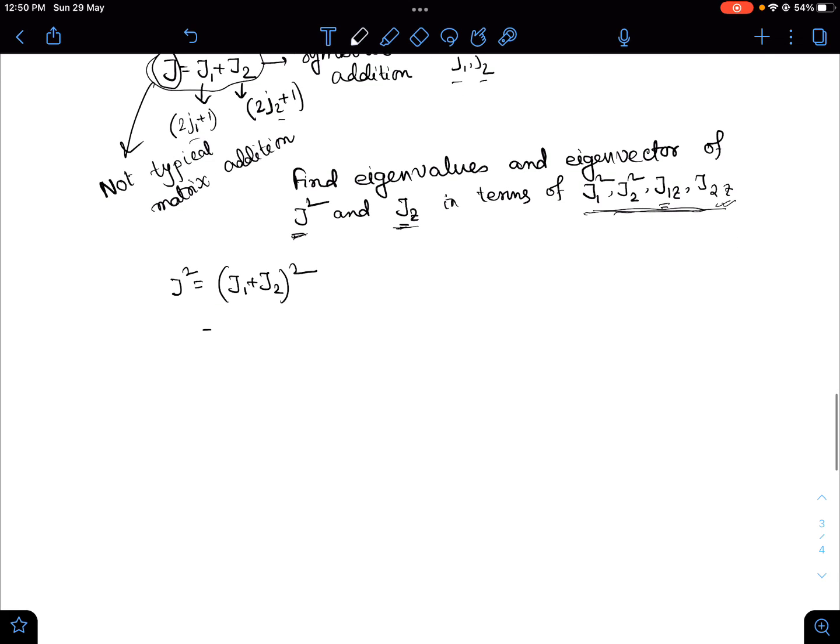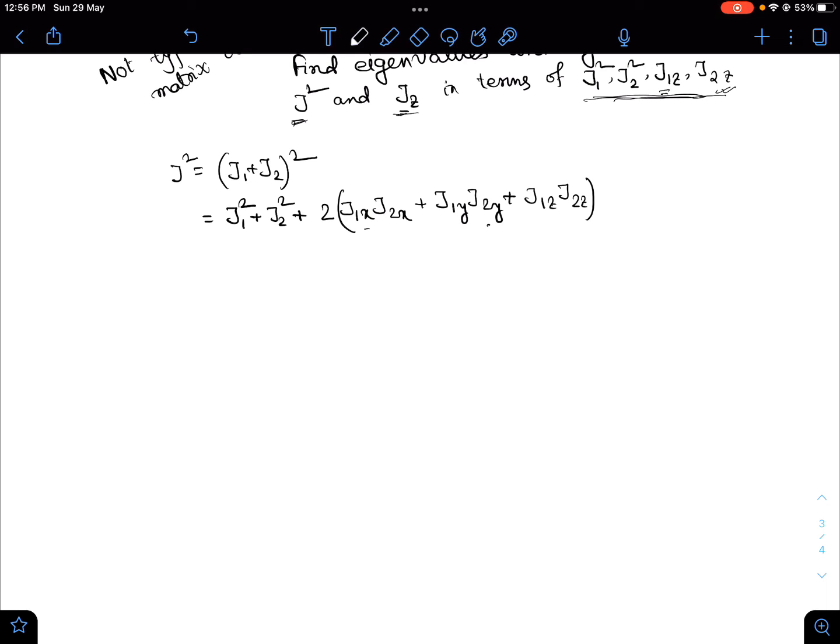So we can write this as J1 squared plus J2 squared plus 2 J1 dot J2. And J1 dot J2 we can write as J1x J2x plus J1y J2y plus J1z J2z.